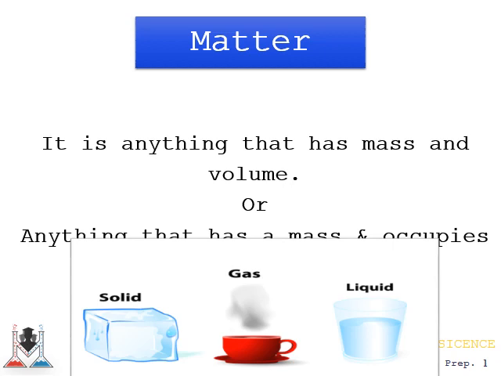So if the mass increased, so air has a mass. And if the size of the balloon increased, so air has volume because it occupies the space inside the balloon. So air has mass and volume, so it's matter. So we proved that solids, gases, and liquids are matter because they have mass and volume.